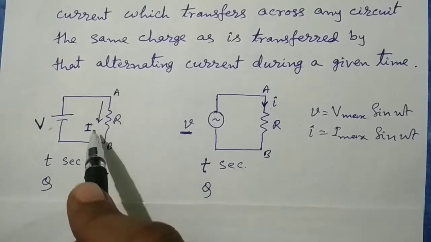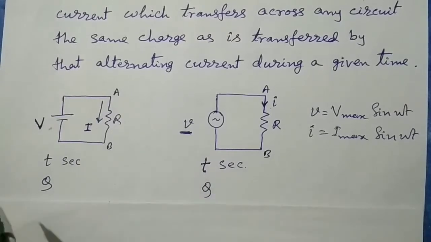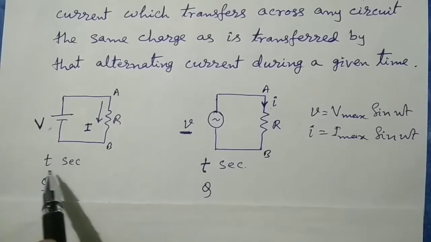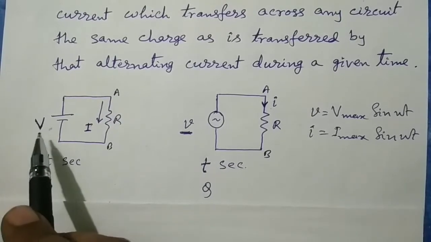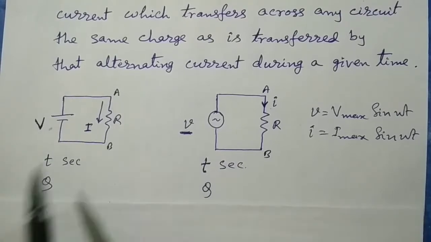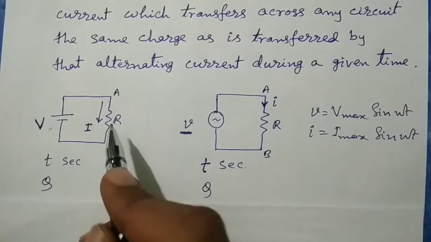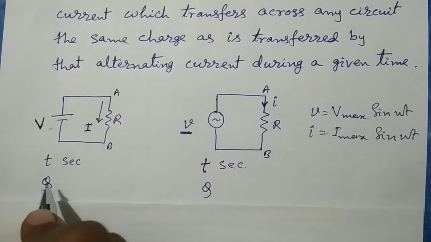The current flow means the charges are passed through the A and B terminals. Now consider this circuit for t seconds. That means we apply the voltage for t seconds across the load resistance R. And let's say the amount of charge that crosses the terminals A and B is equal to Q coulomb.